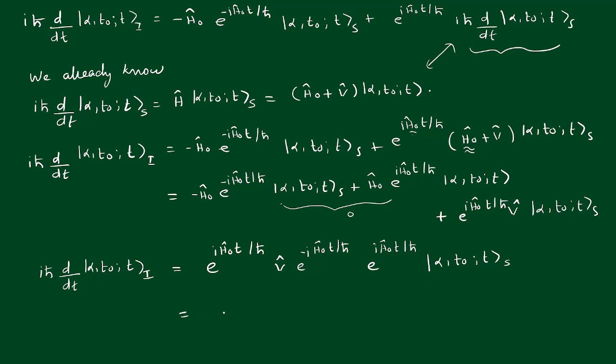So what you have here is e raised to i H0 t divided by h cross. I'll make it short and write this as V_I hat, alpha t0 t in the interaction picture. Correct?